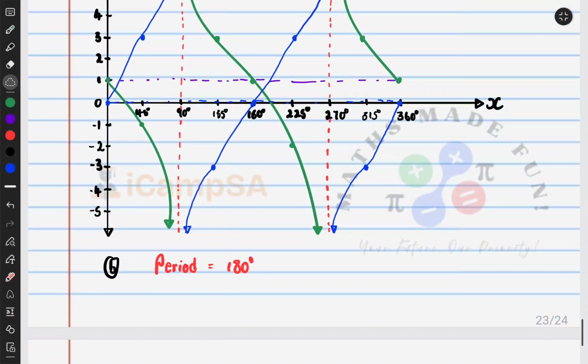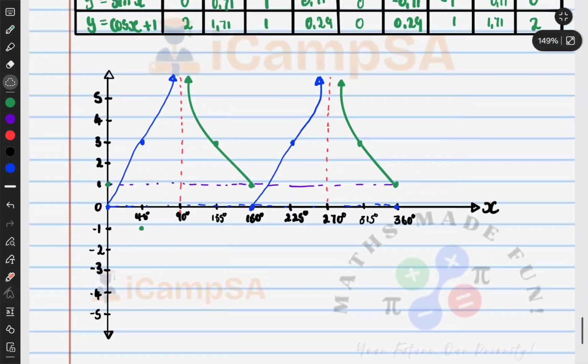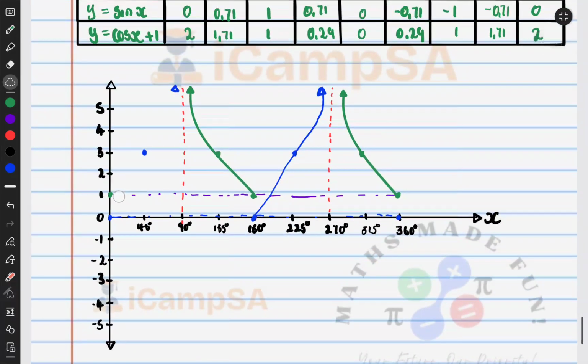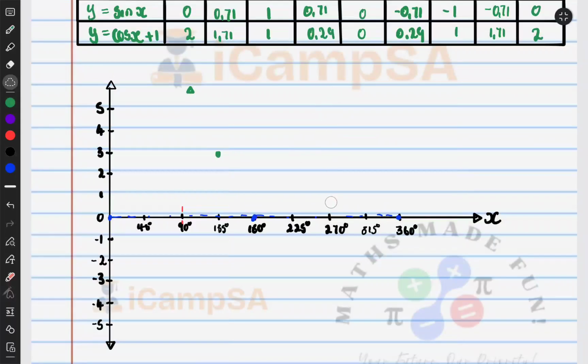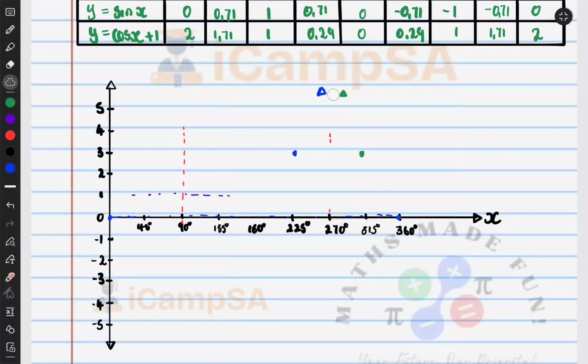Okay, just erase a few things and clean this up a bit.